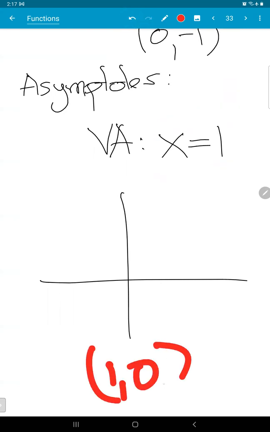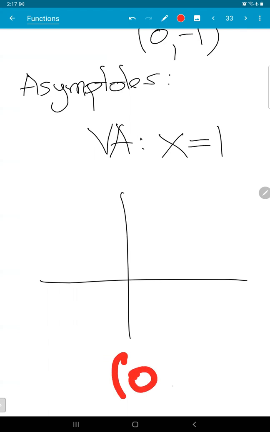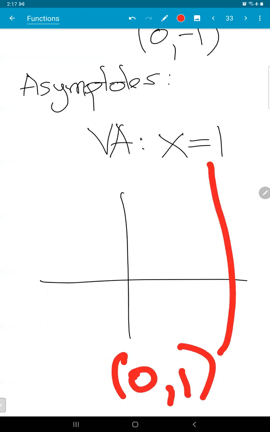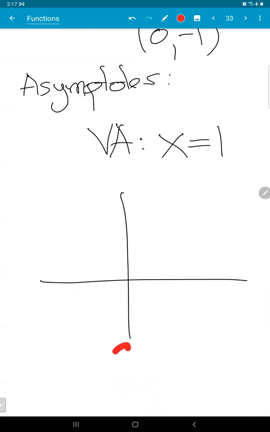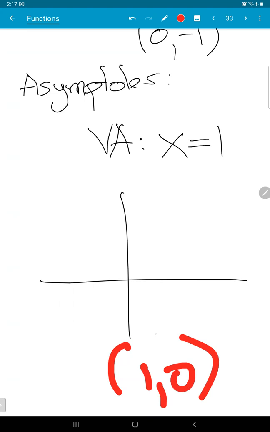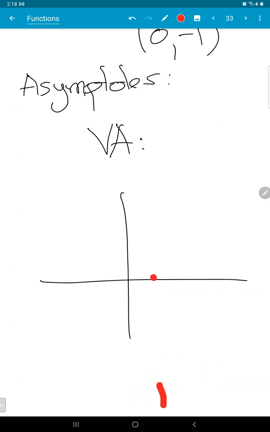This point satisfies this equation because its x coordinate is 1. You can also have (2, 0), (1, 0). Is that right? (2, 0). Okay. Sorry.